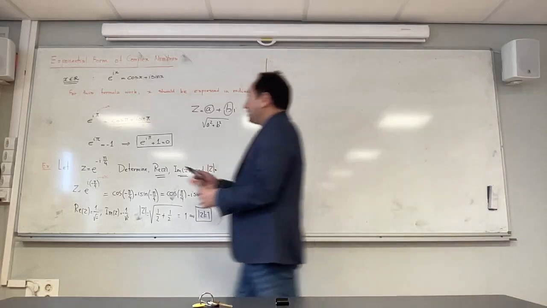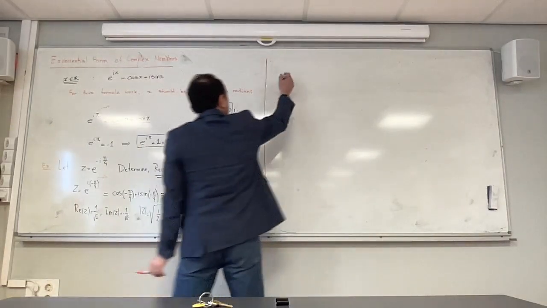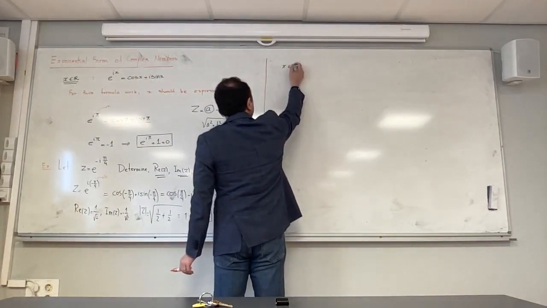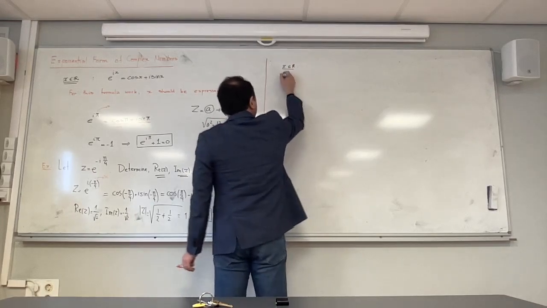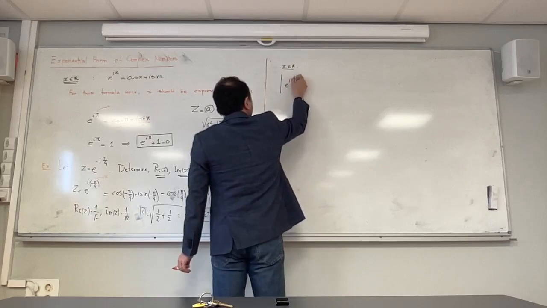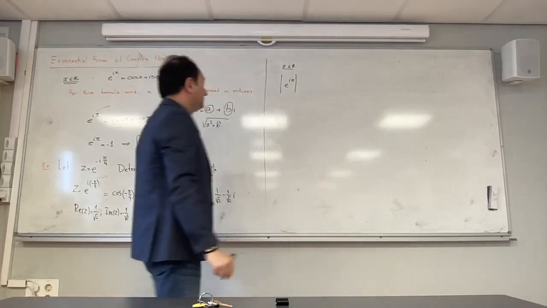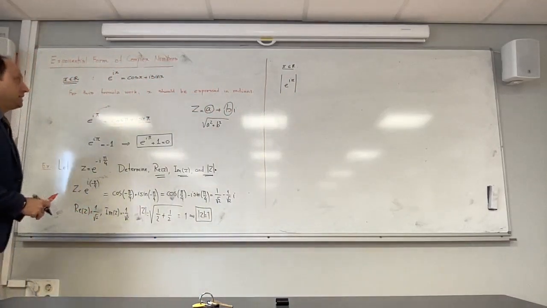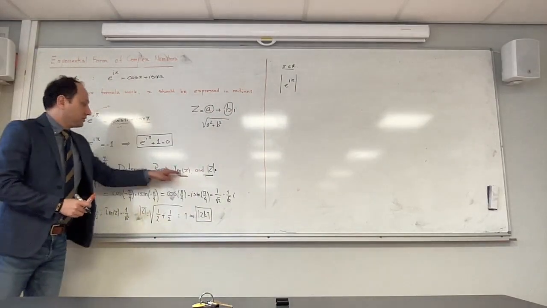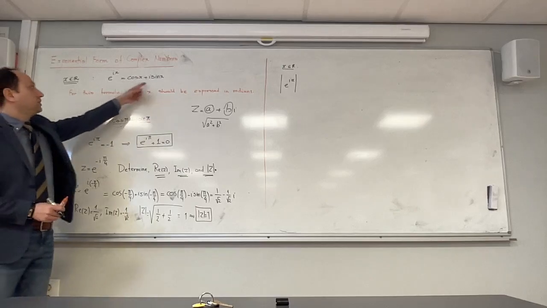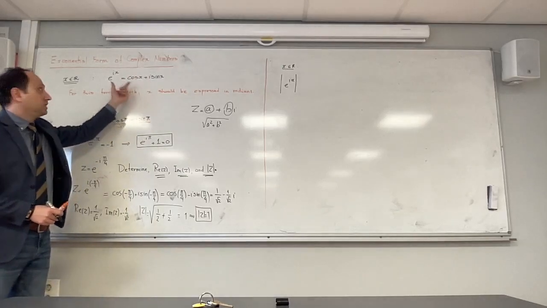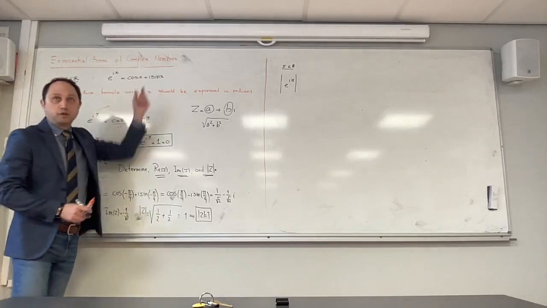Because if I ask you to calculate, let x be real, what is the absolute value of e to the power of ix? If you want to answer these questions, you have to have the standard form. This is the standard form of this number. This number is the real part, this number is the imaginary part.